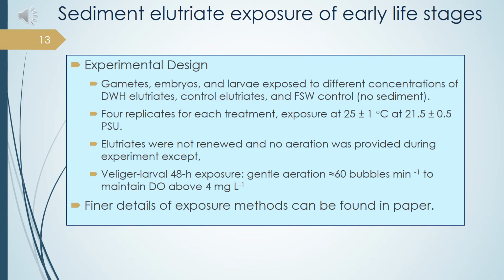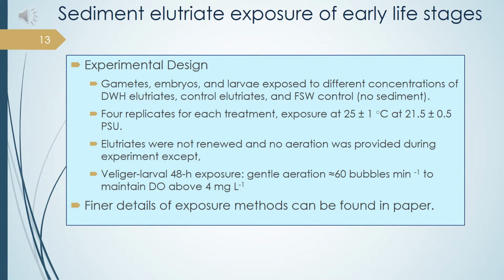So we have a sediment elutriate exposure of the early life stages. Here we have the gametes, embryos, and larvae exposed to the different concentrations of the Deepwater Horizon elutriates, the control elutriates, which was with fresh, clean sediment, and then the filtered seawater control, which had no sediment at all. There were 4 replicates of each treatment exposure at the standard 25, give or take, a degree Celsius, and at 21.5 practical salinity units.